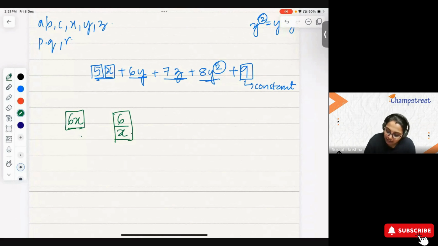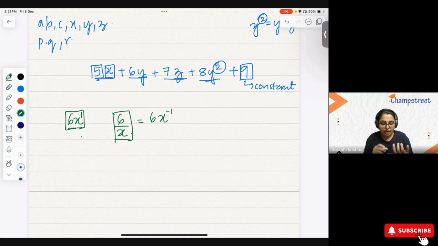Why? Because here the power of x is 1. But if you take 6 by x, it is nothing but 6 into x power minus 1. So the next condition for an algebraic expression to become a polynomial is the power of the variable, right? The power of the variable should always be a natural number.